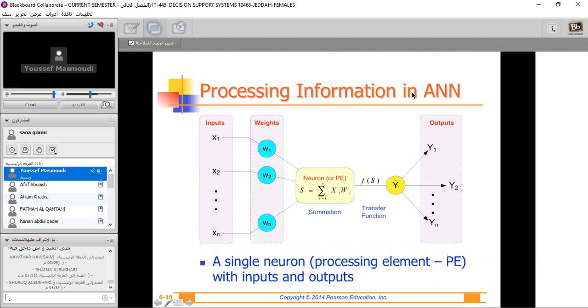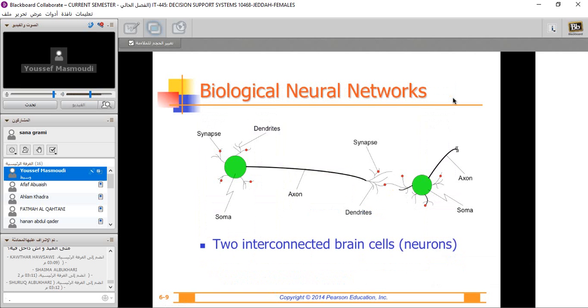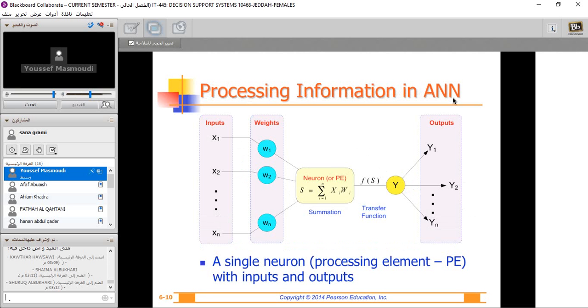Okay, for the artificial neural network, processing information in the artificial neural network. So here we will take the principle of the biological neural network, and we will prepare the artificial neural network. So we have inputs مثل الحساسات اللي عندنا في اليد, inputs, and we have weight. You have a weight for each input.